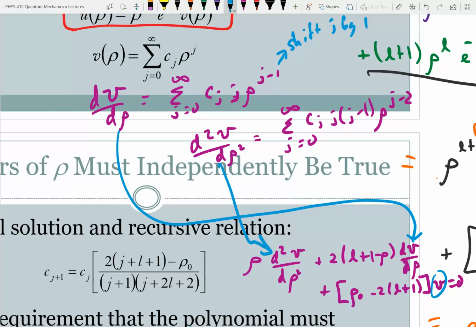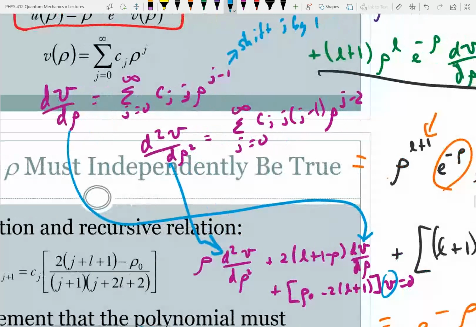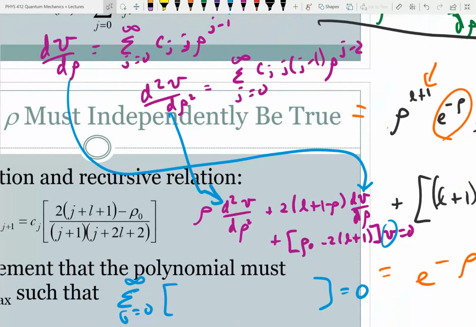And so it's shifting the index by 1, and the second derivative likewise shifts the index by 1 if you look at the top of page 148. And then you put those into this equation that I have in magenta.